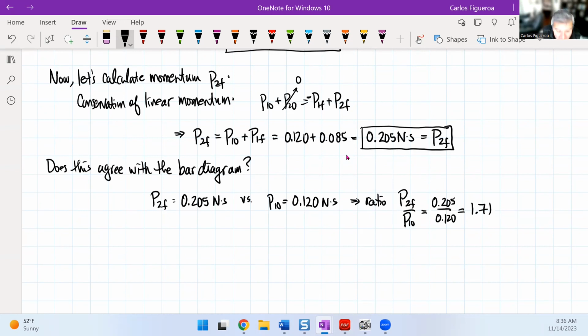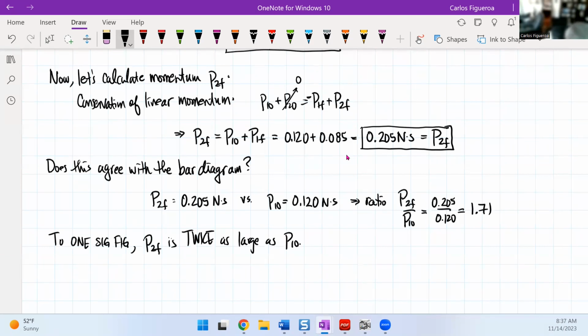So this is, to 2 sig figs, 2 times, right? So to 1 sig fig, P2 final is twice as large as P1 initial.